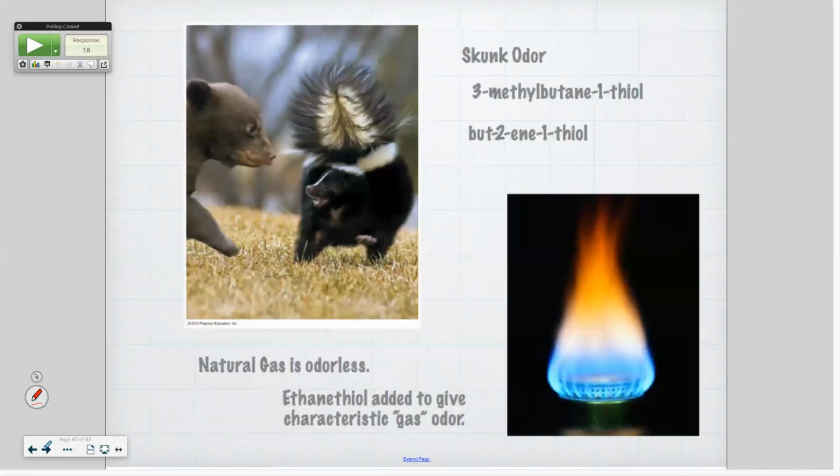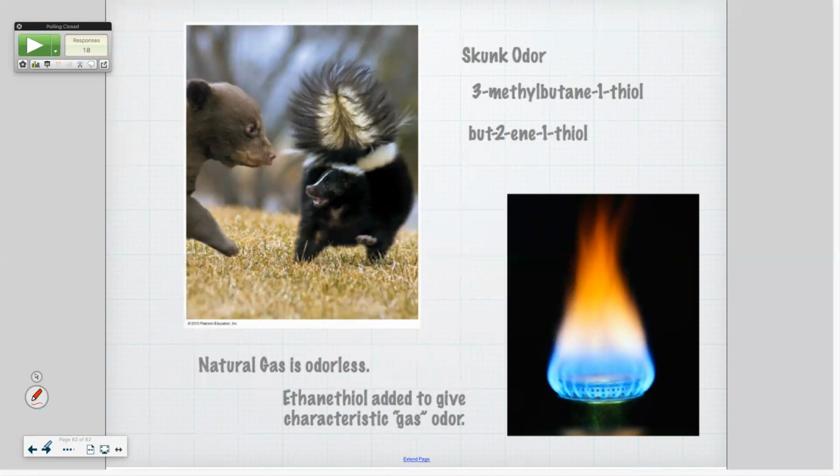I want to show you skunks and natural gas. Pure natural gas does not have an odor. What they do is they add compounds to it to give it an odor. If you have a propane tank, they add stuff to your propane tank that will get used up over time. Make sure that you get it replenished. They should be checking that when they fill your propane tank.